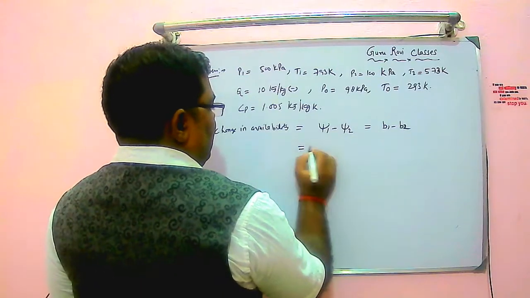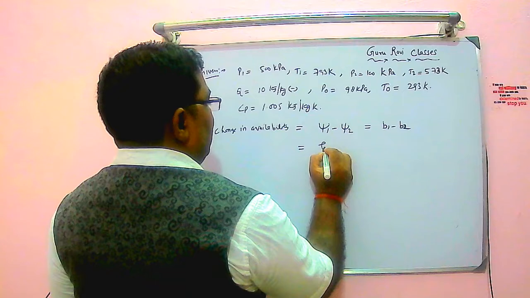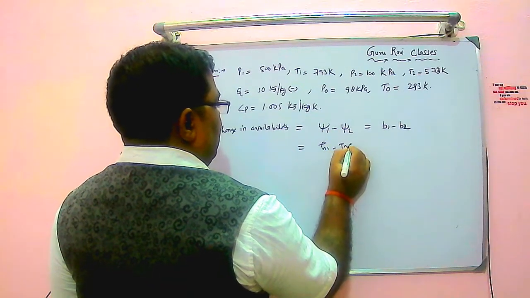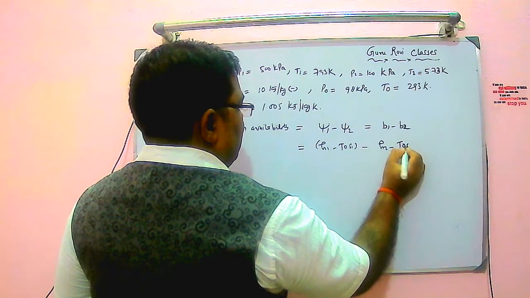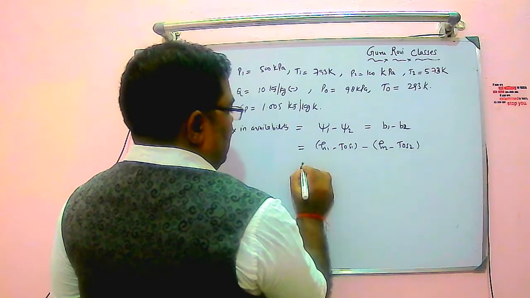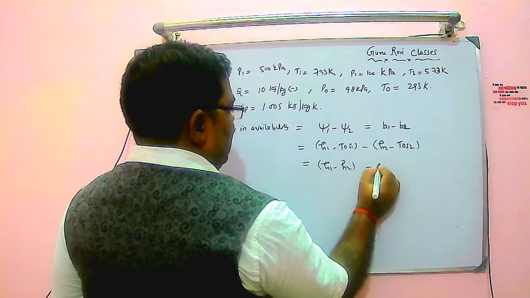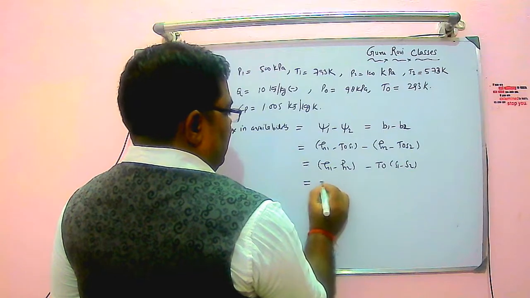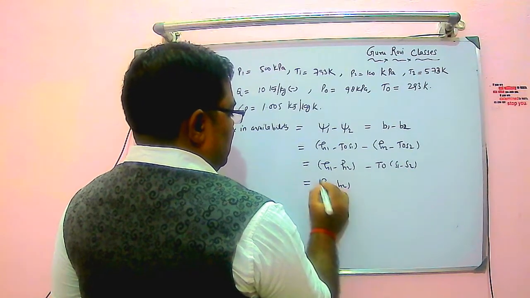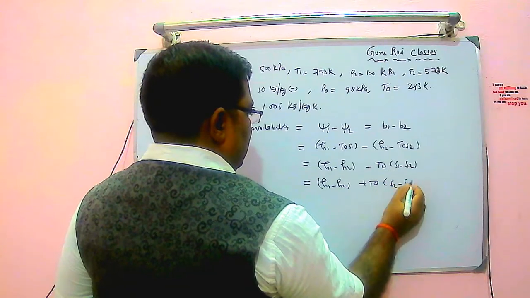So per unit mass basis we are calculating h1 minus T naught S1 minus (h2 minus T naught S2). If you solve this, you get h1 minus h2 minus T naught (S1 minus S2), which can be written as h1 minus h2 plus T naught (S2 minus S1).